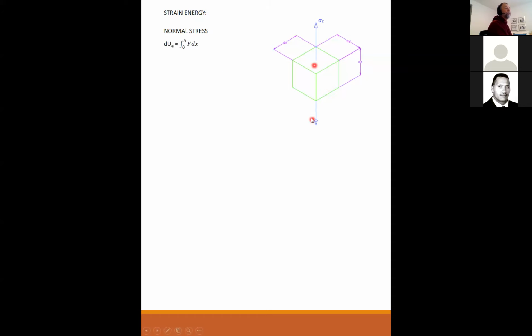If this is normal stress, so here you have sigma z in the z direction, a normal stress. From before, the energy is equal to the integral from 0 to the total deformation of the force times dx. So we can call that the force times delta.